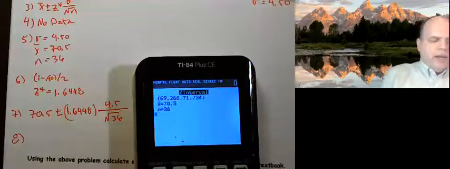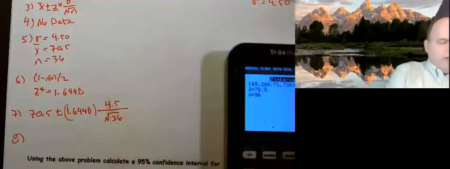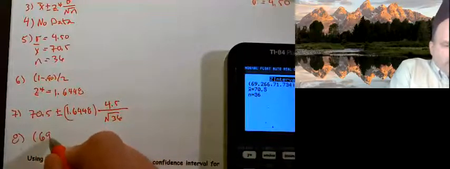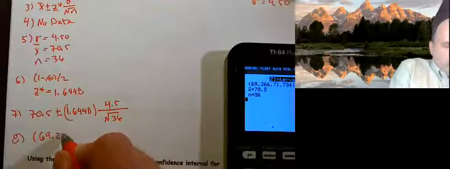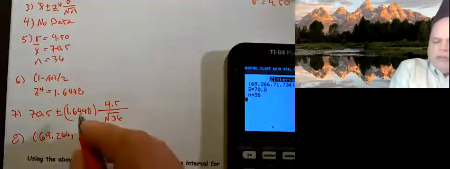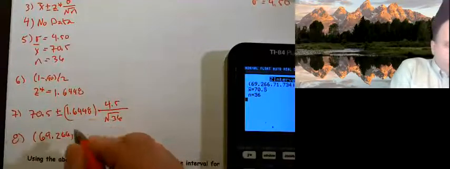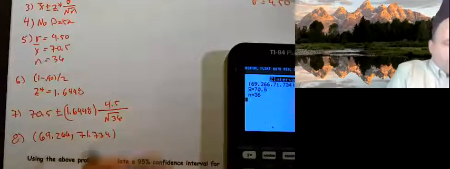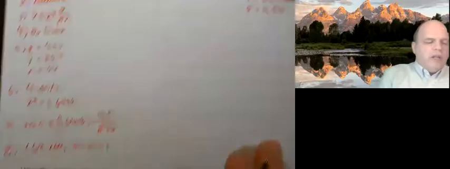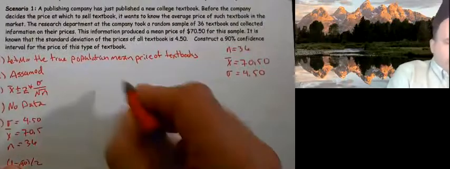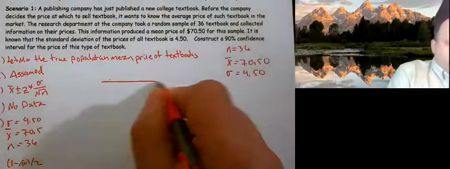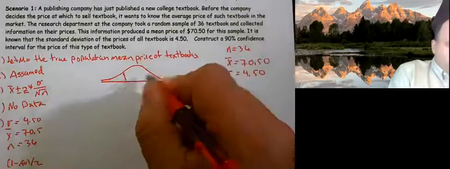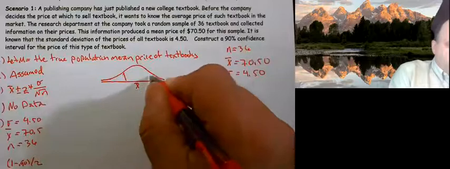And I go to calculate that, and I'm just going to write that down as it shows up. This is my interval, 69.266 and 71.734. Now, what we just did here, and I'm going to draw a picture, even though it wasn't on the directions to do so, is we centered this on X bar.